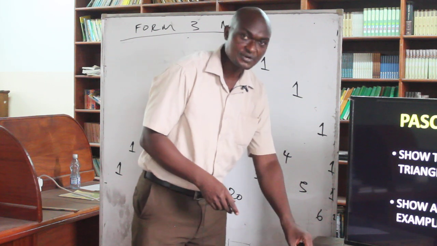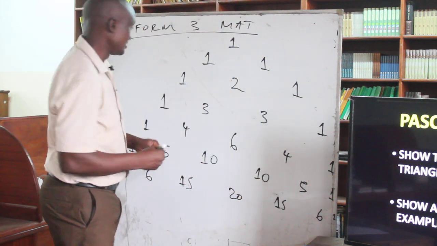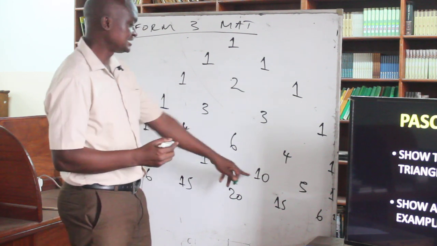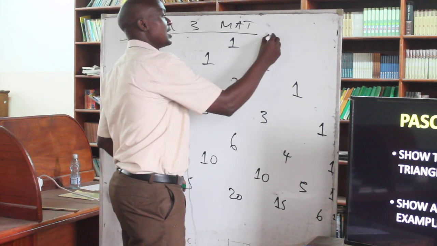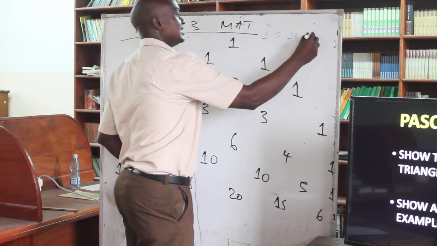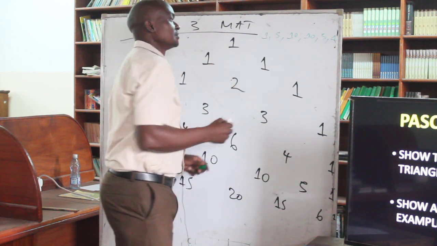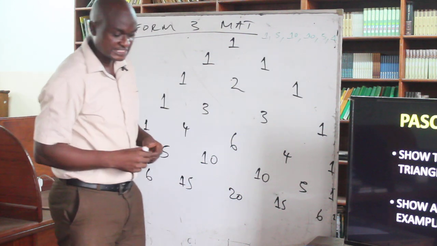So, let's note these expansion coefficients for power 5. We have 1, 5, 10, 10, 5, and 1. 6 coefficients.